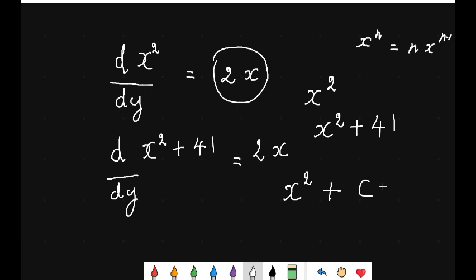Now, given that I taught you this, let me clear the screen. I want to give you some notation on how you denote this whole antiderivative business, right? Now, let's say that we have f of x, correct?